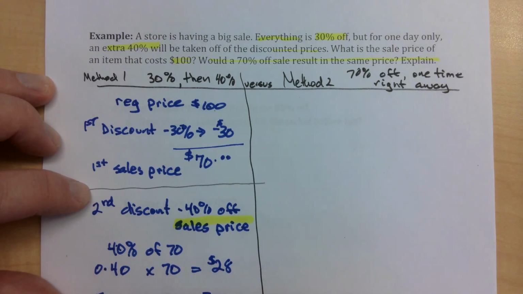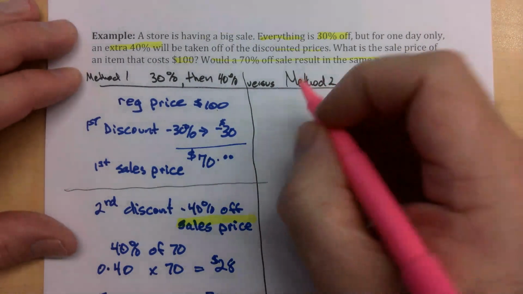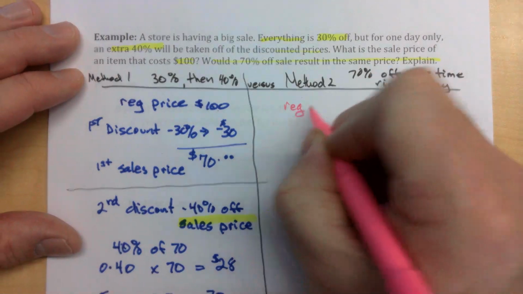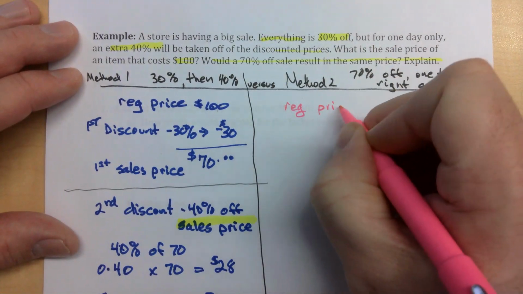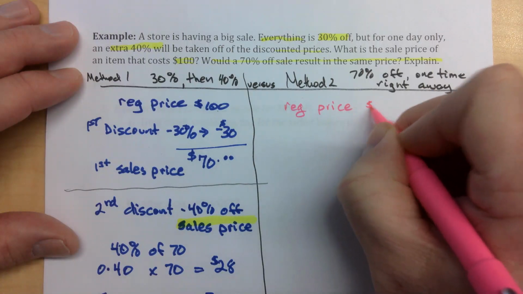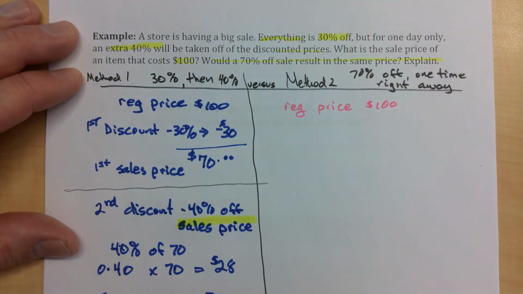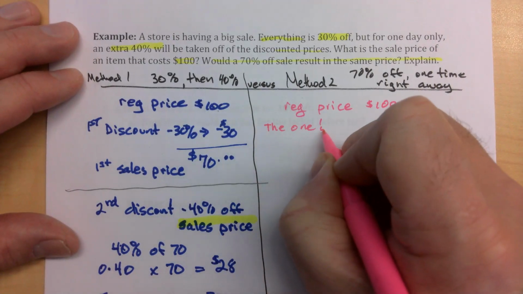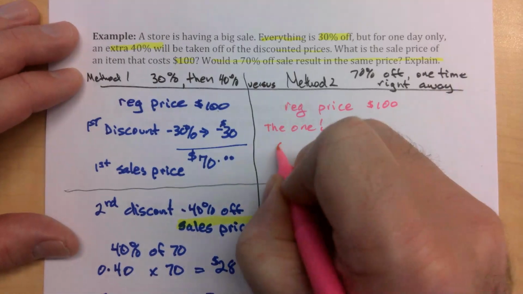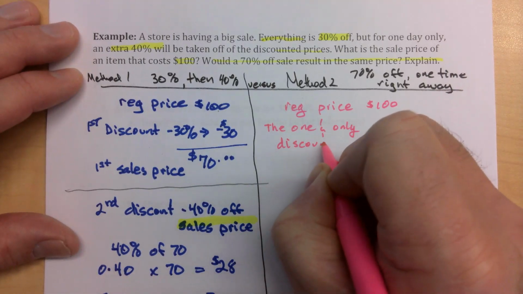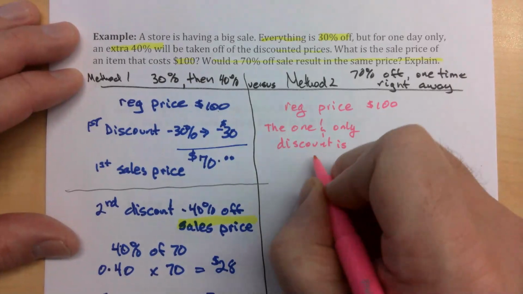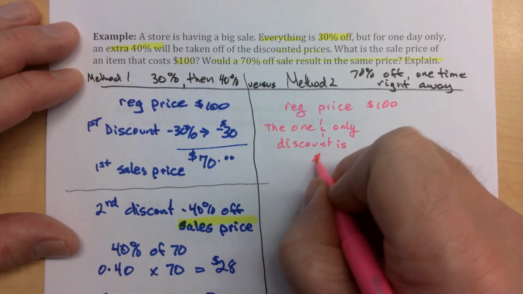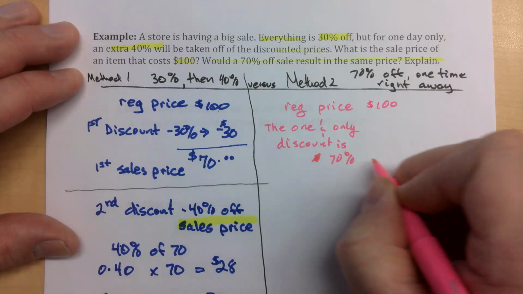Now compare that to if the regular price starts off the same. It's still the same item, $100, and the one and only discount is 70% off.